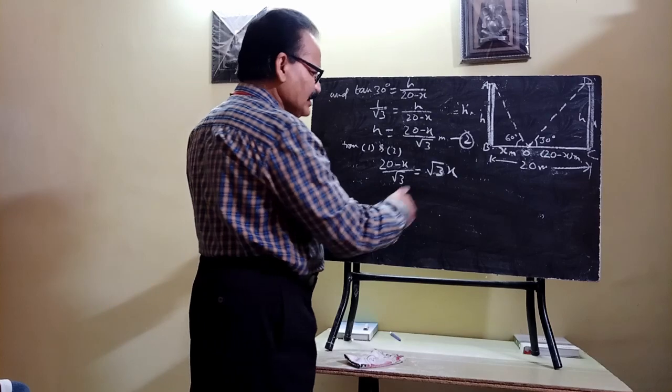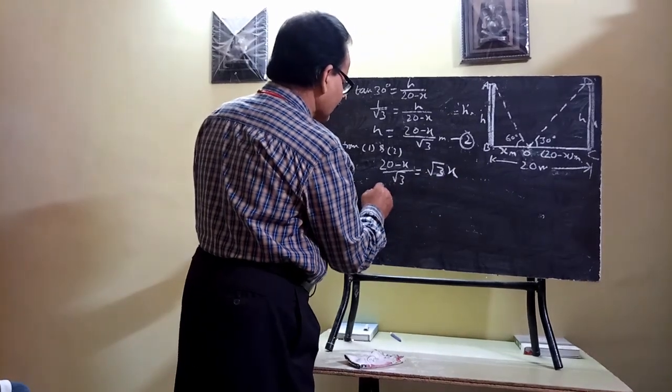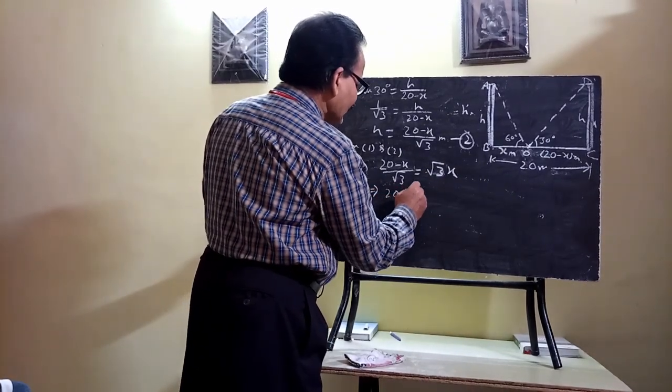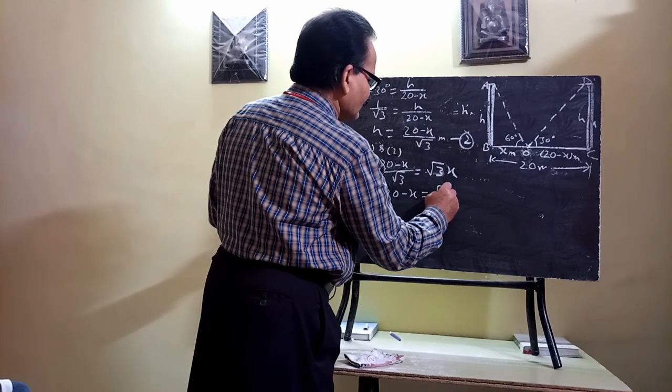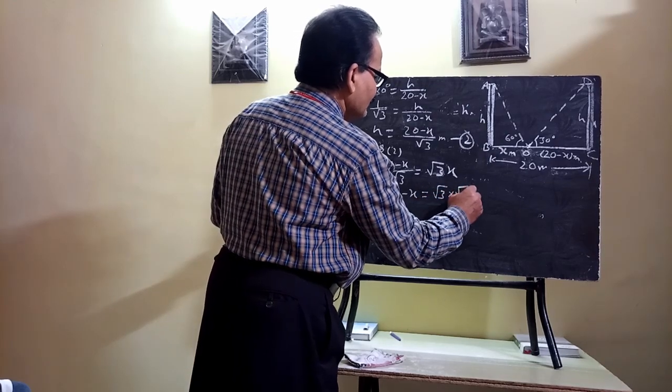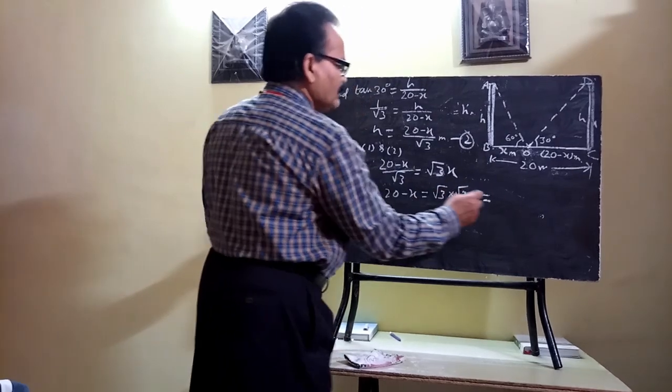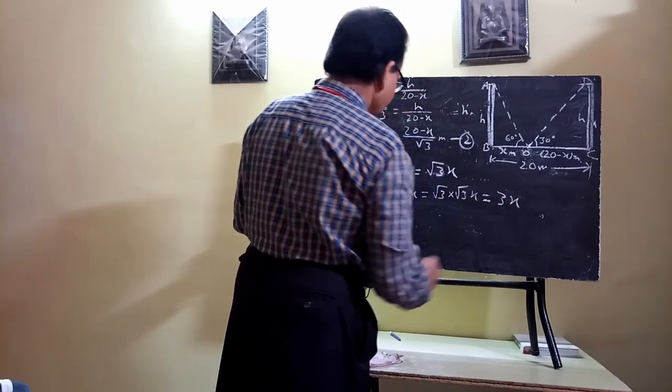After that you just cross multiply, then 20 minus X must be equal to root 3 into root 3x. So this will be your 3x.